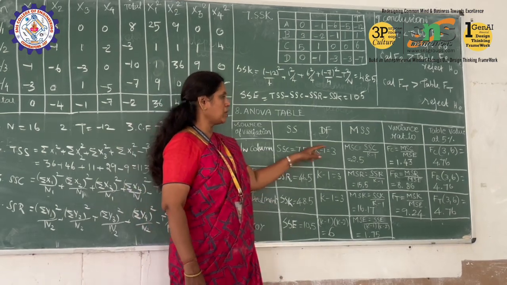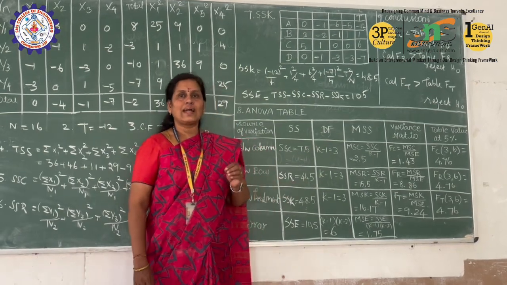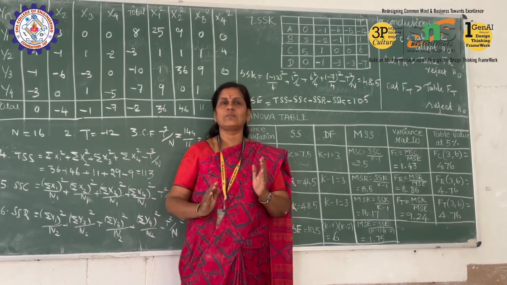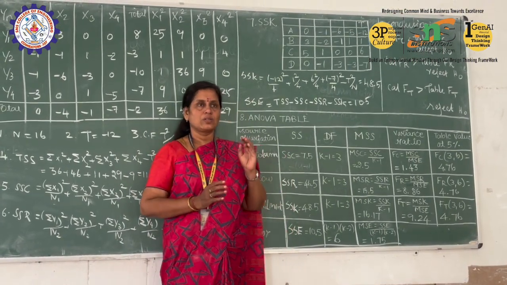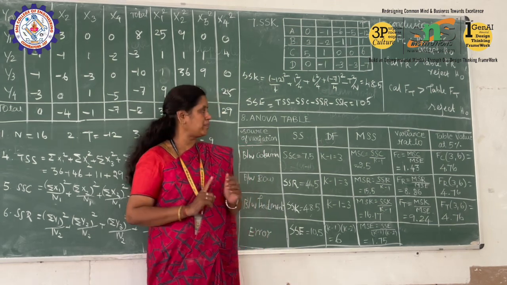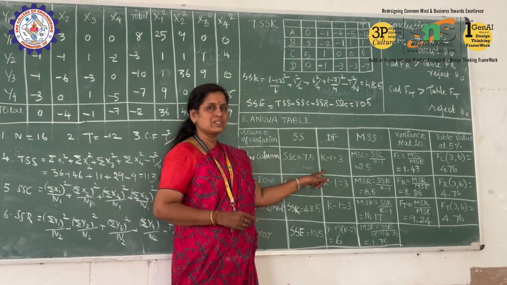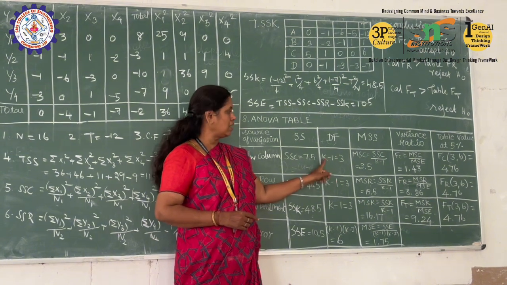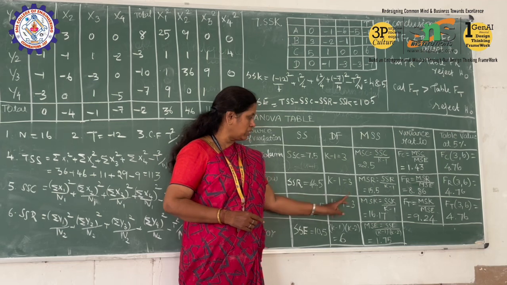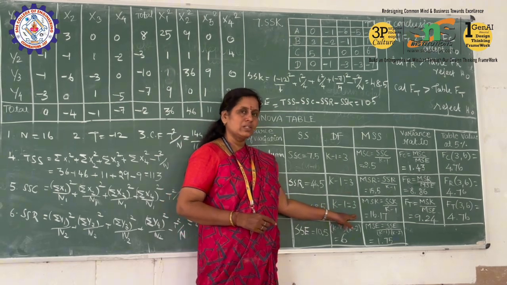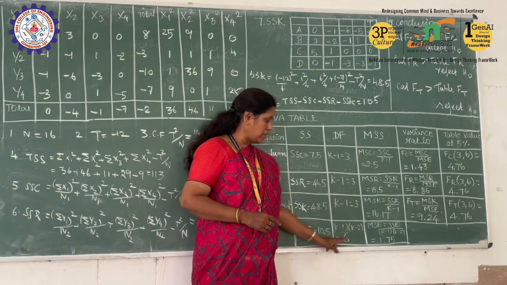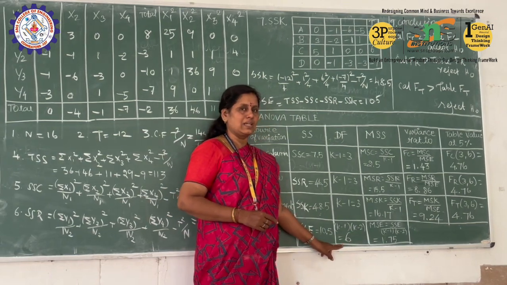Next, the corresponding degrees of freedom. In a Latin square, our main point is that the number of rows is equal to the number of columns is equal to the number of treatments. So here we have 4 columns, 4 rows and 4 treatments. So its degrees of freedom is k minus 1, that means column minus 1 we get 3, row minus 1 is equal to 3, treatment minus 1 equal to 3, and for SSE it is k minus 1 into k minus 2, which value is equal to 6 here.